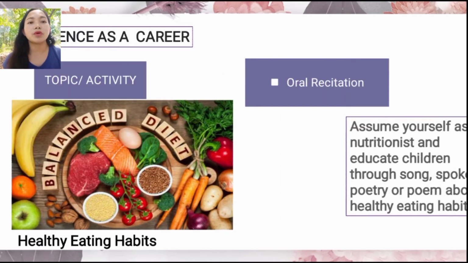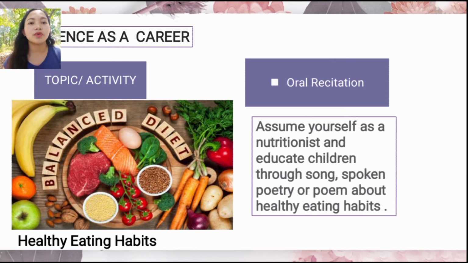So let's say for example, science as a career for our topic of healthy eating habits. Maybe I'm going to give them an oral recitation. Since science is a career, the activity will be something that will educate children. So I'm going to let them assume themselves as nutritionists and educate their fellow learners through song, spoken poetry, or poem about healthy eating habits.